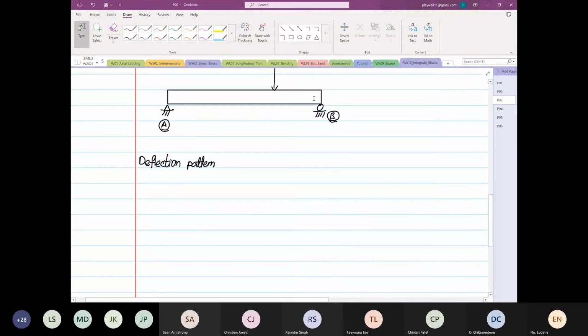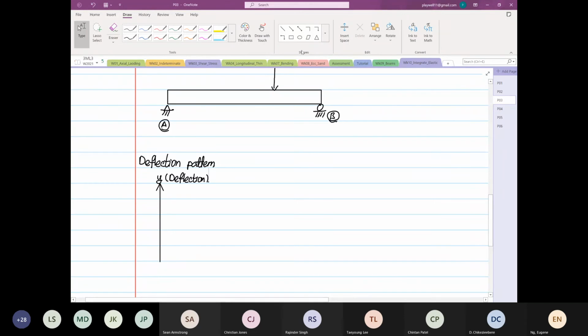So I'm going to have an axis. This is our Y. Y over here represents our deflection.